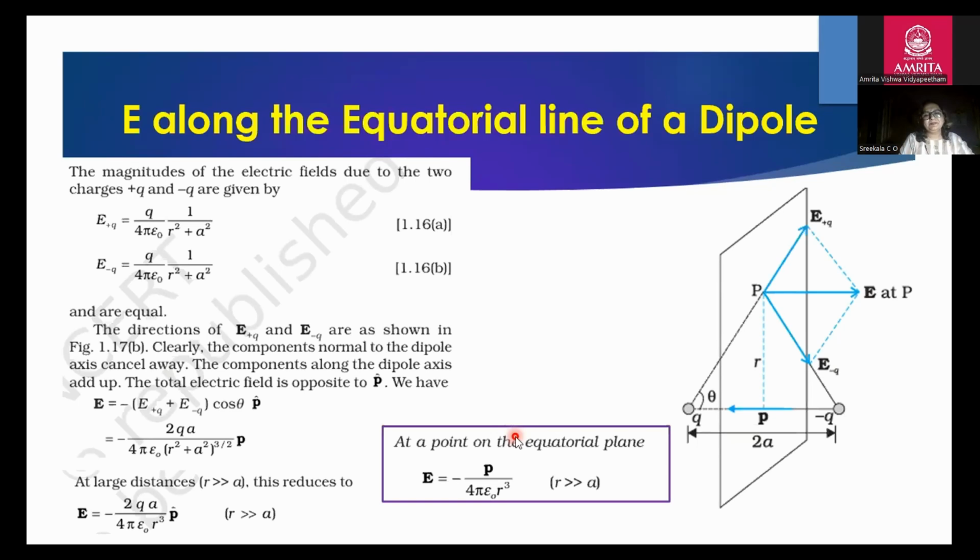I think we'll just take one more question because we have extended half an hour more. Why is the electric field zero inside a spherical shell but not zero inside a solid conductor?